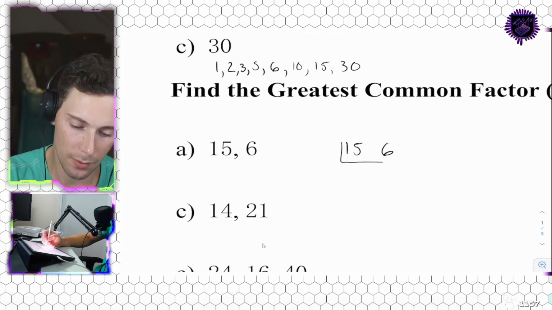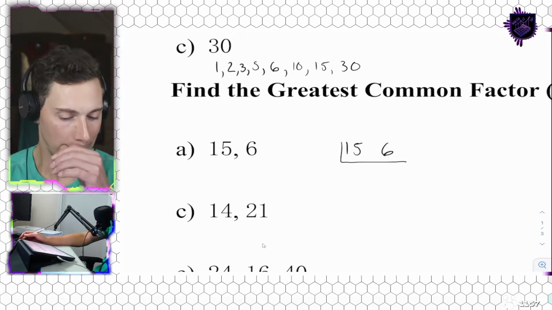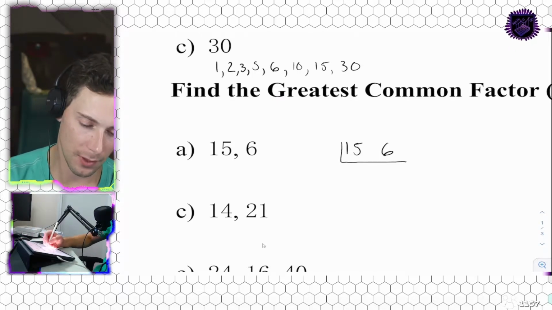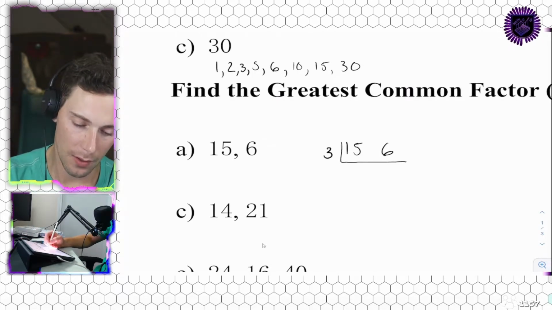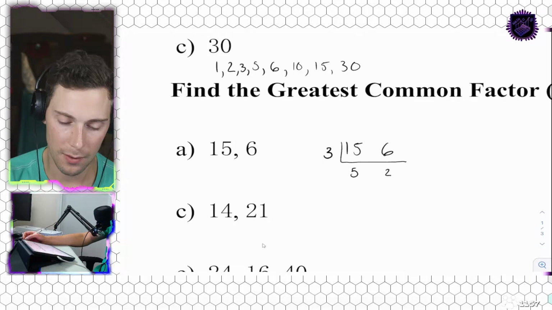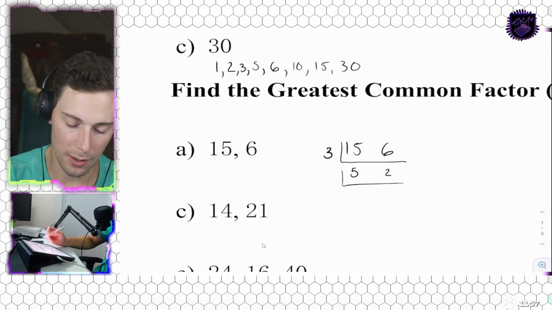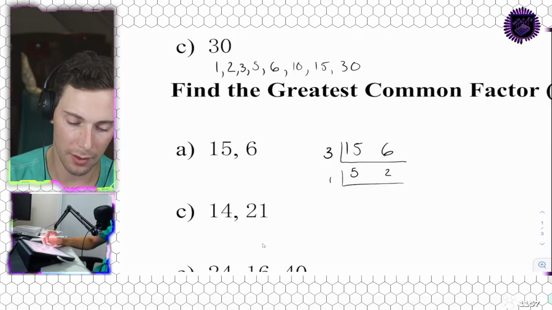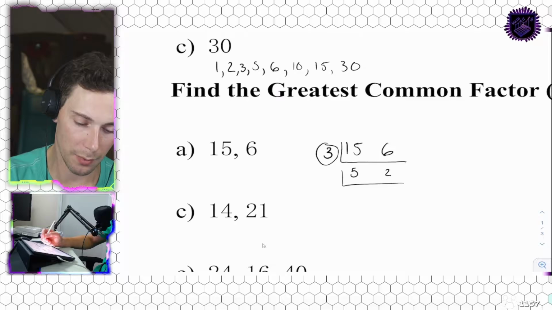A number that goes into both of them, say 3, and that would be 5 times 3 and 2 times 3. And the next two here, nothing other than 1 will go into those two numbers. So this will be our greatest common factor, 3.